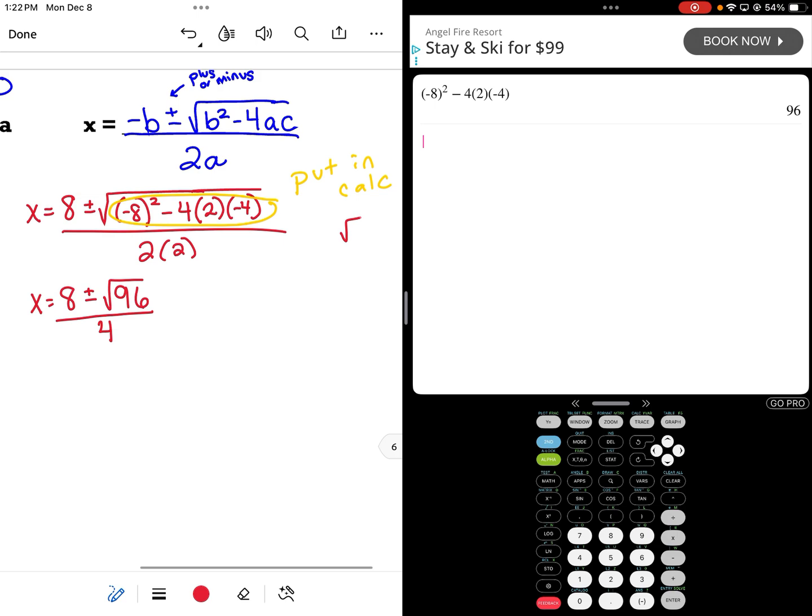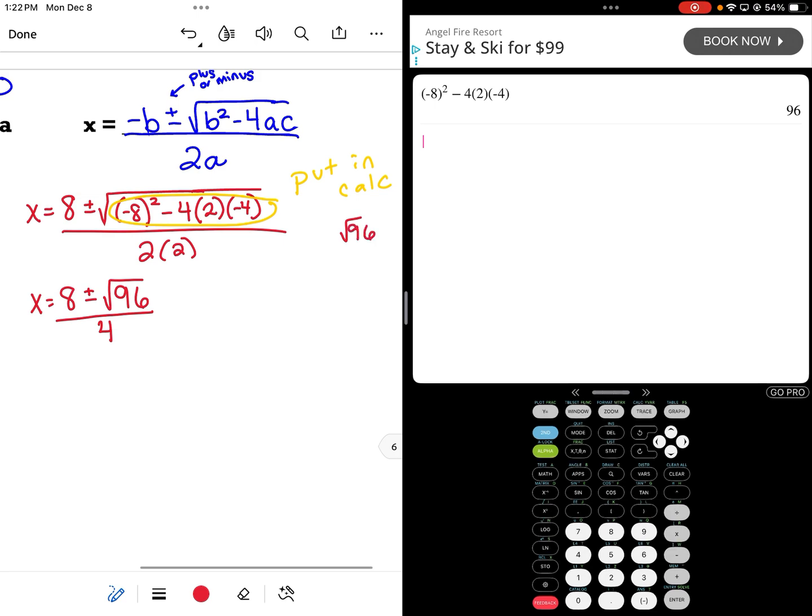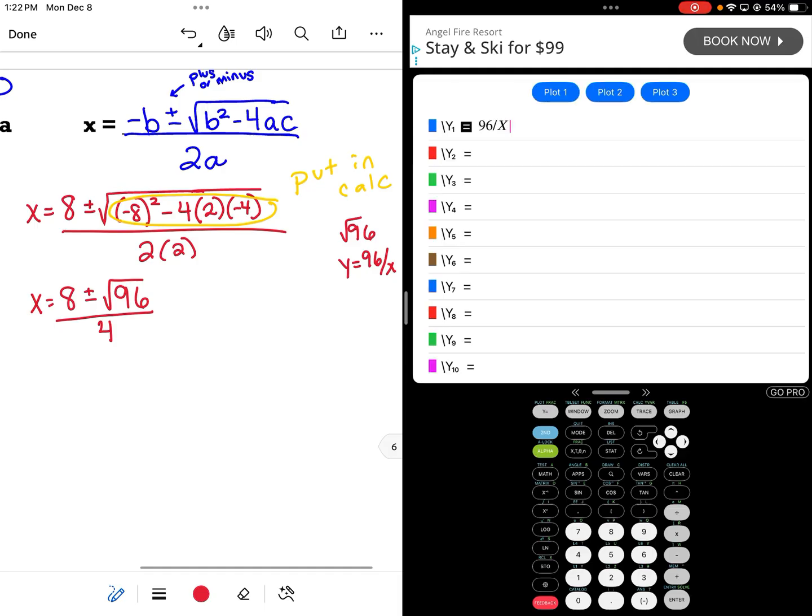So I'm going to write it over here. Square root of 96. Do I remember how we put that in the calculator to see what all the factors are? Y equals 96 divided by x. So let's do that, because I want to see if there's any perfect square factors.